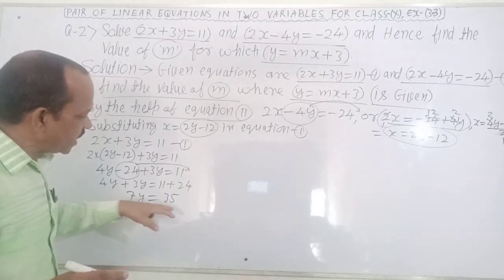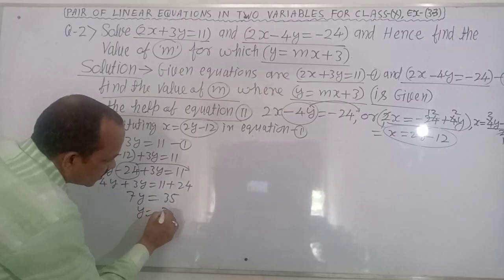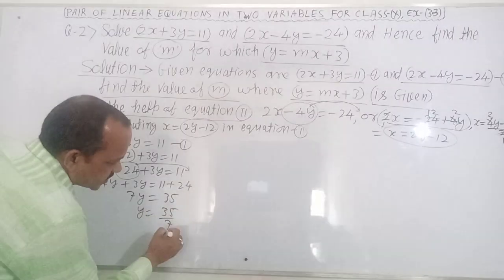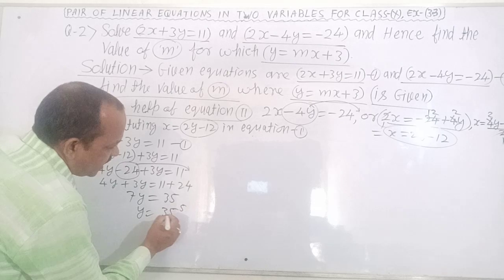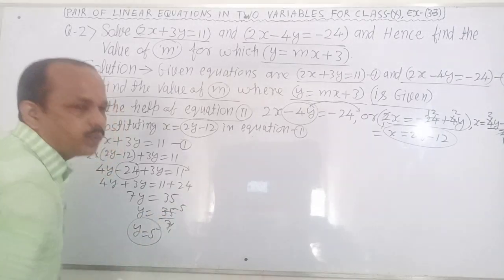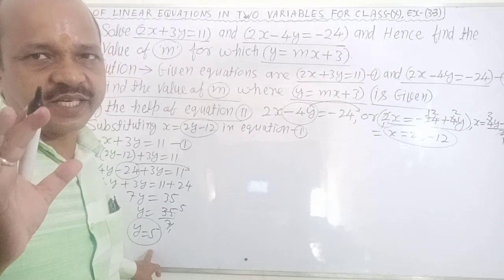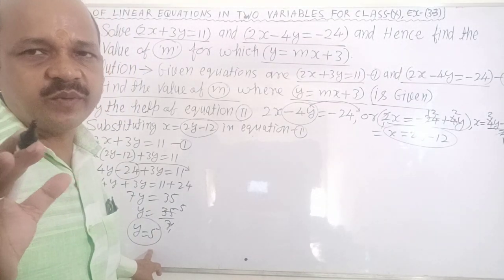It means 7y equal to 35, y equal to 35 by 7. 7 ones are 7, 7 fives are 35. You find y equal to 5. It is clear? No confusion about it?